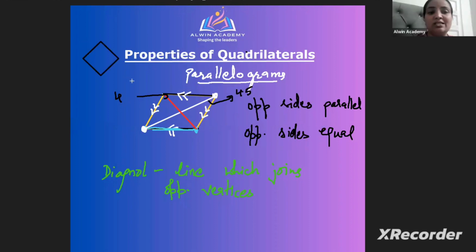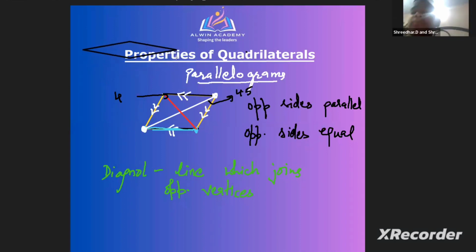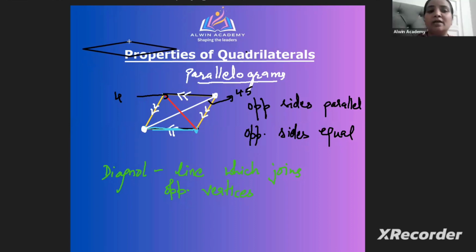If I look, this is my parallelogram I am making, right? The more I narrow it, the more the difference between the two diagonals will increase. Look, this has become so small and this has become so long. So the more I narrow my parallelogram, the greater will be the difference between both the diagonals. Got it, beta ji, or not? Yes, and the greater would be the difference between both the angles as well. Right? Now I am coming to the angles of parallelograms as well.